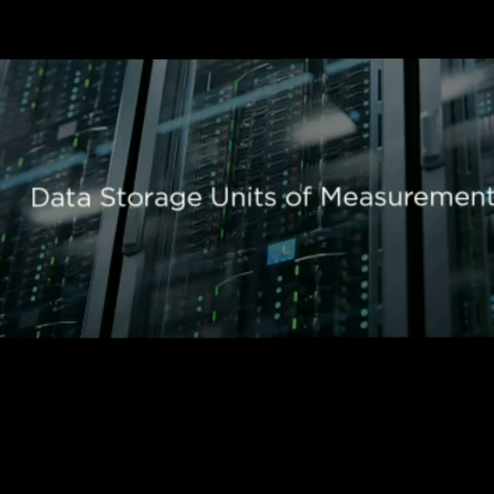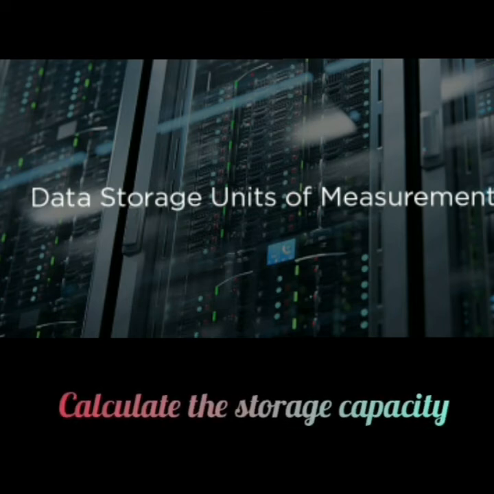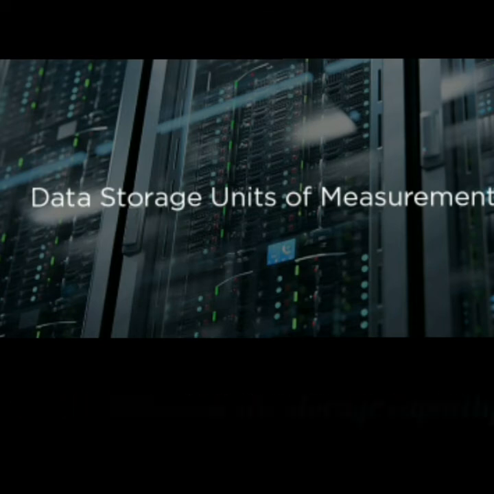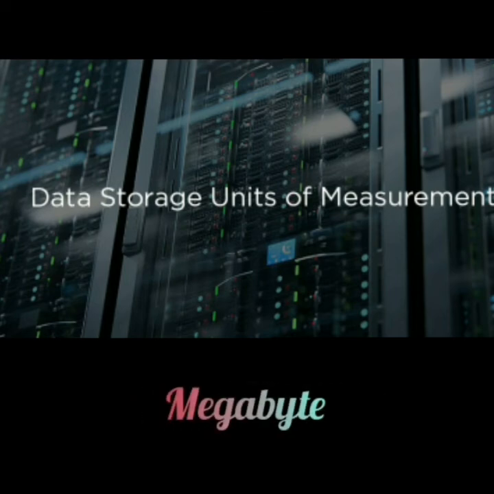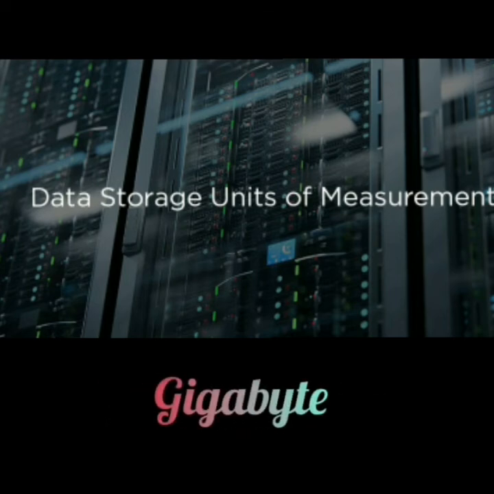Similarly, even a computer has a unit of measurement to calculate its storage capacity. The memory or storage capacity of a computer is measured in terms of byte, kilobyte, megabyte, and gigabyte.